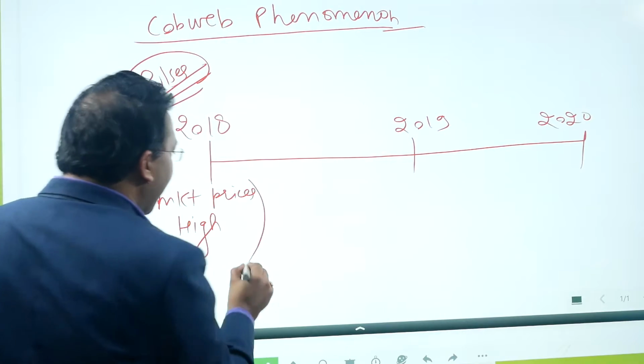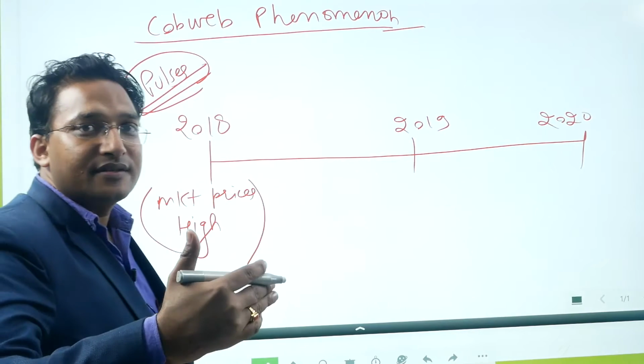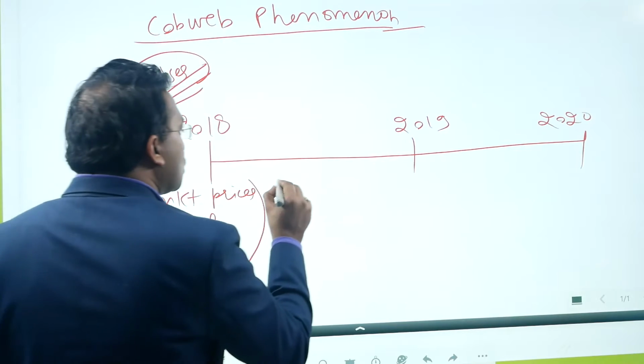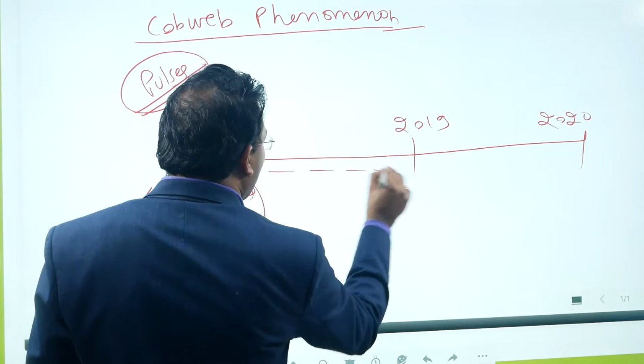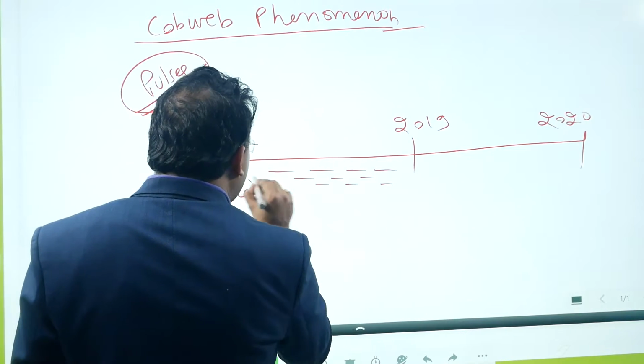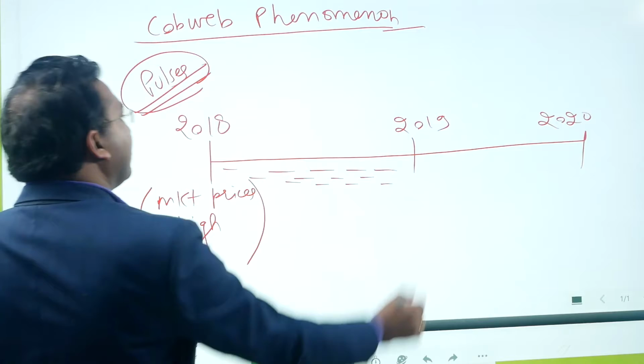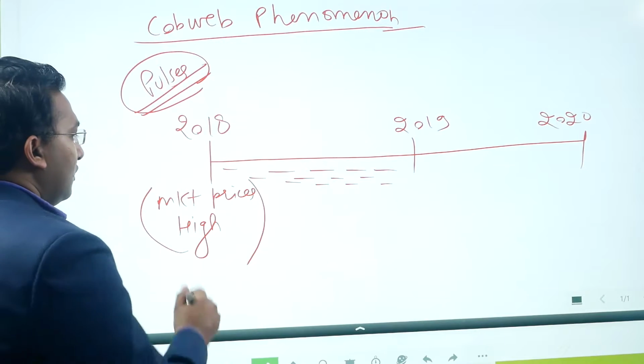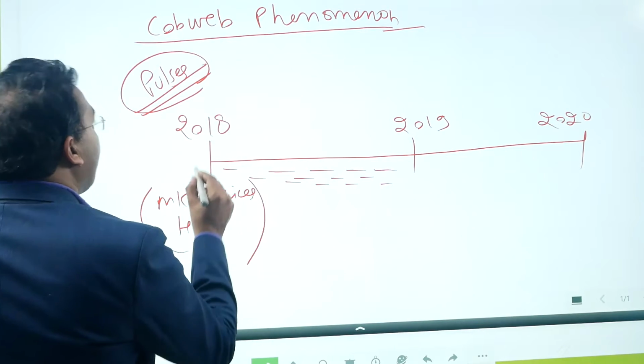Because the market prices are high, the farmers who are taking the sowing decision for the next year, thinking about which crop to cultivate, will prefer the pulses.